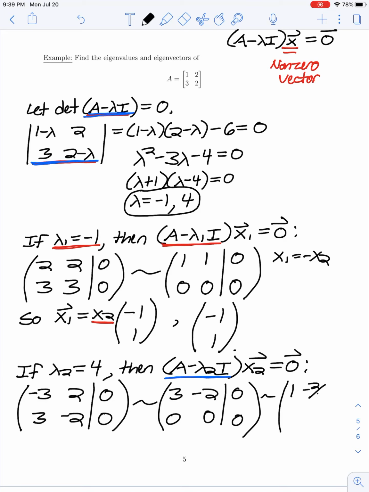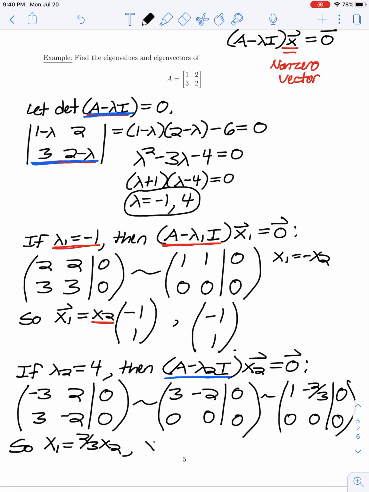So we have 1, -2/3, 0, and then a row of zeros. Here x2 is a free variable, and x1 is equal to 2/3 of x2.